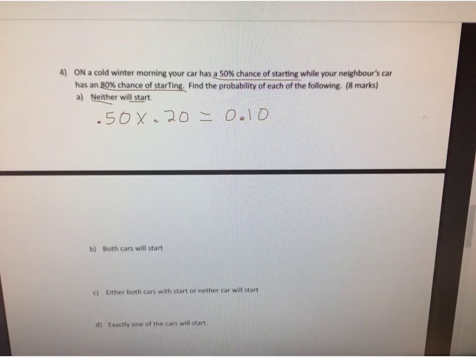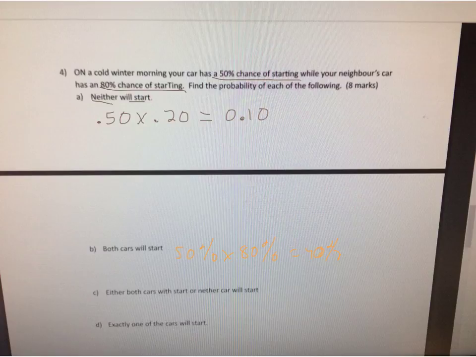Now, the probability that both cars will start, we have to do 50% for the first one and 80% for the second one, right? And so we want both cars to start. We need to multiply the probability of success of each together. That's an and. So that'll give us 40% there. That's a 0. All right.